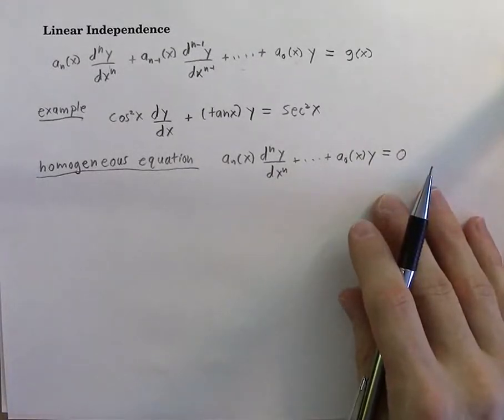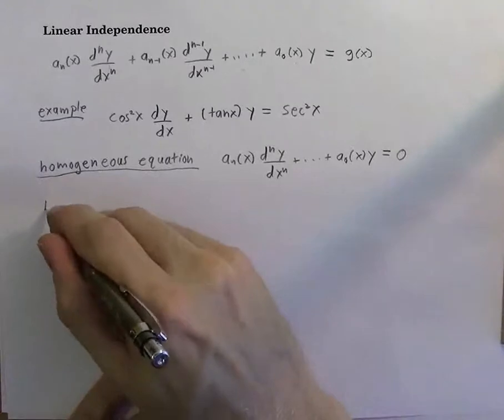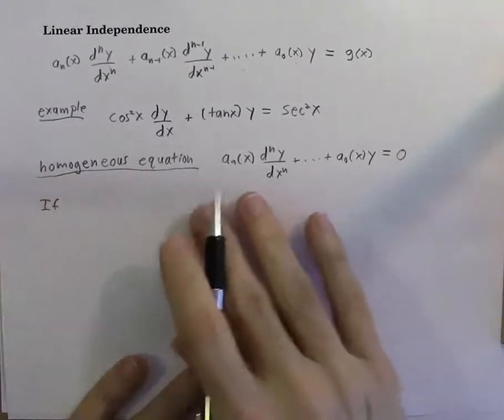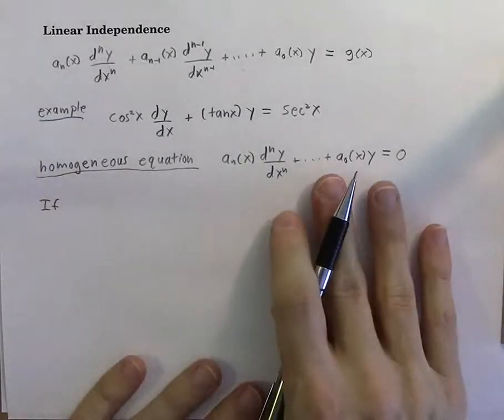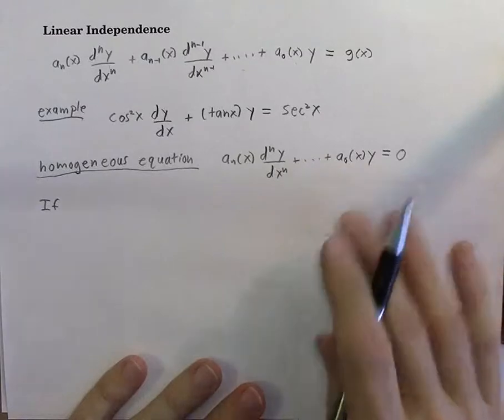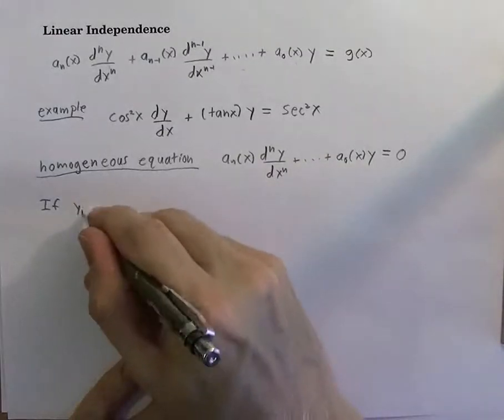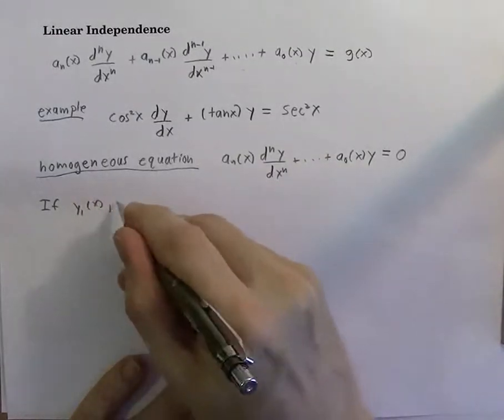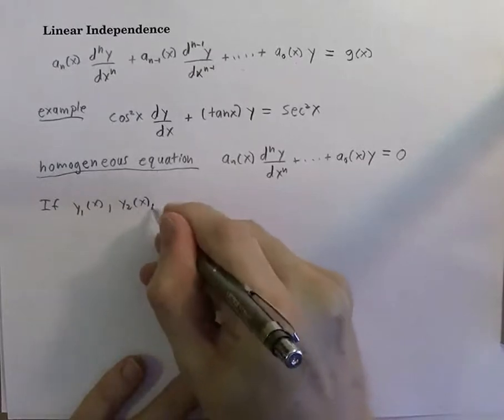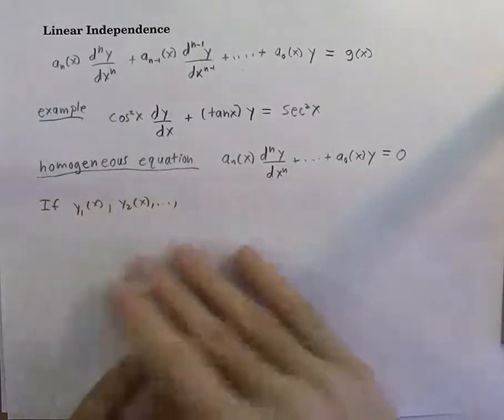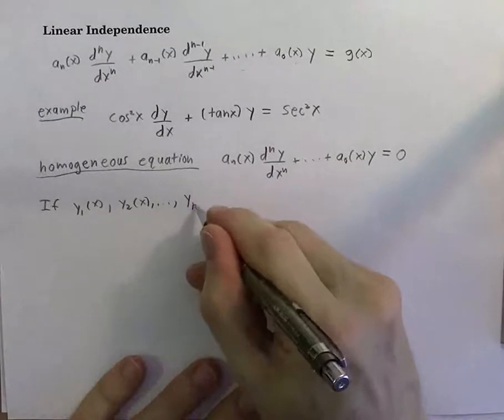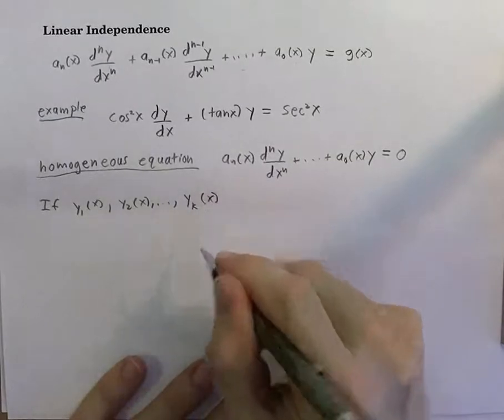Now the reason that that's important for us is that there's this following important property. Suppose that we have multiple solutions for the linear homogeneous equation. And let's just call these y1 of x, y2 of x, and we'll have a big list of these, so all the way up to y sub k of x.